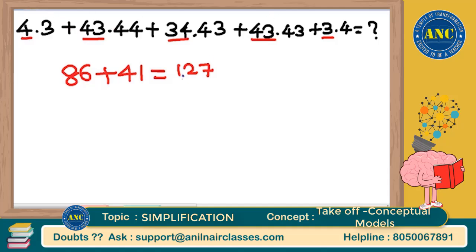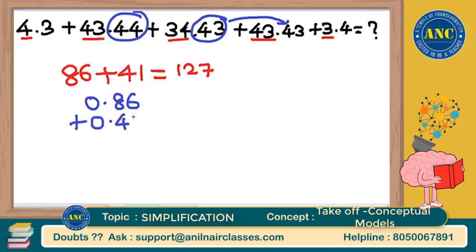Add the decimal parts as quickly as possible. 0.43 plus 0.43 is nothing but 0.86. For this 0.86, 0.44 is there to make it a slightly fancy number at least, right? If I add 0.04, this becomes, okay, let me add it.